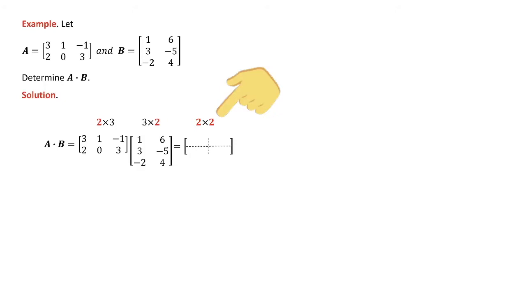So notice I have 4 entries. The 2 comes from the first matrix, and this 2 comes from the second matrix there. So that's the first row. The 1 is first row, first column. That's going to tell us which ones to pick on the left.